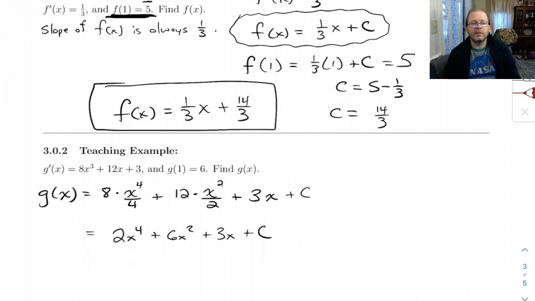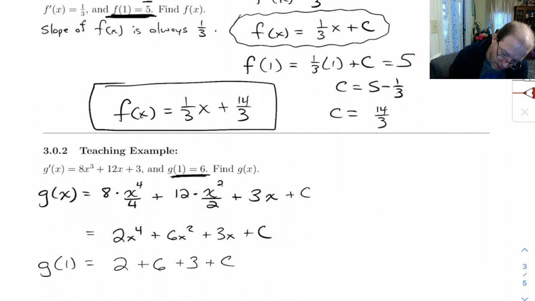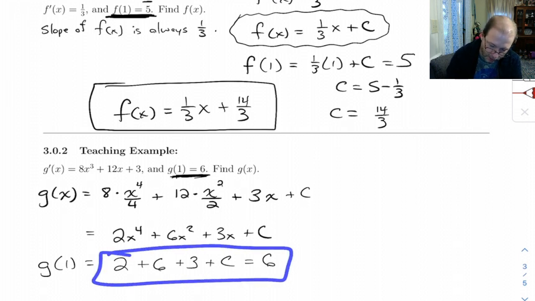So that's my function. Now I'll use my initial value up here to solve for c. G of 1 is going to be 2 times 1 plus 6 times 1 plus 3 times 1 plus c. And they told us that g of 1 is 6.